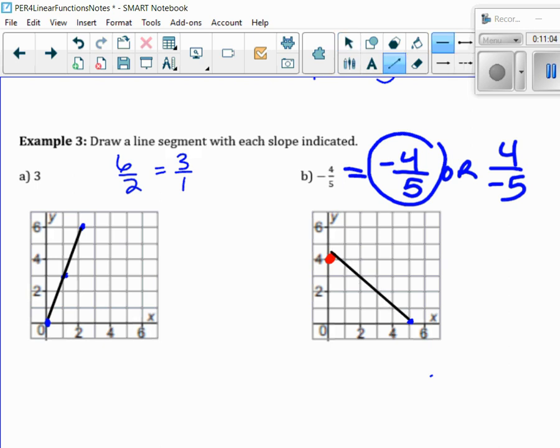Okay, so by the way, if it asks to do a line, what would be wrong with my answer? Is this a line or a line segment? Line segment. What makes it a segment and not just a line? It ends at the points. They're endpoints, right?